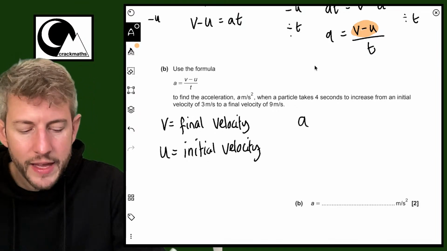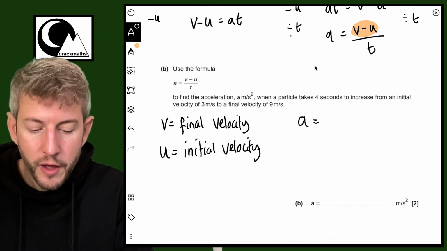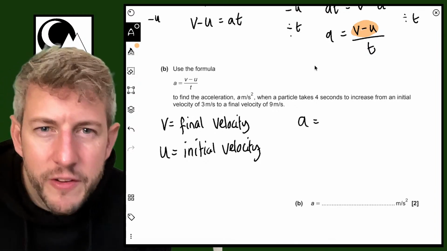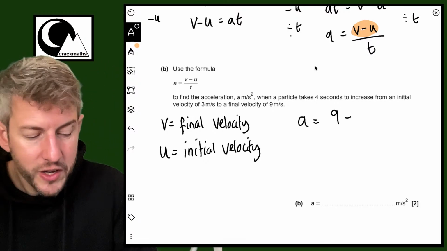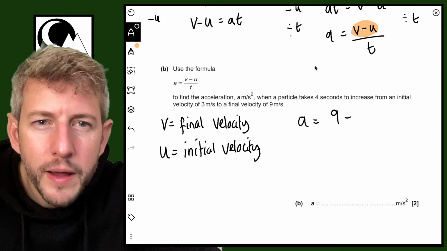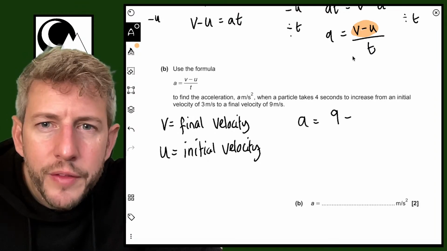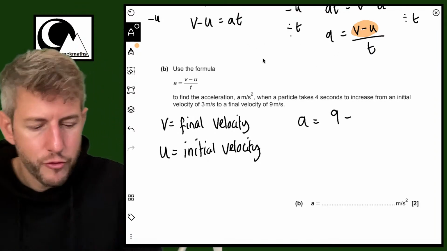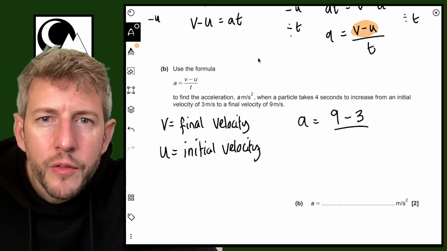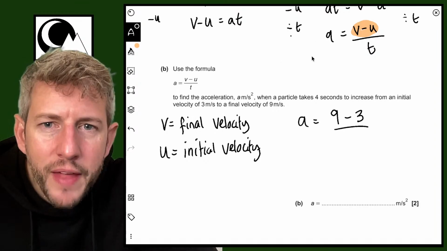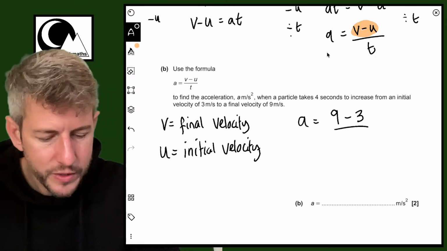So we know that A equals the final velocity, which I believe we've been told is 9, take away the initial velocity, which is 3, all divided by the time that it takes, that's the T, which is 4.